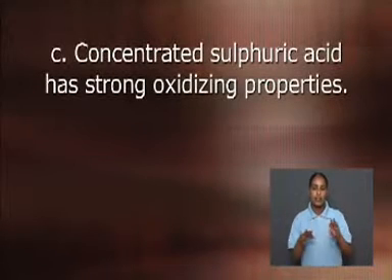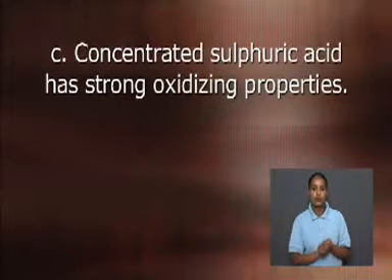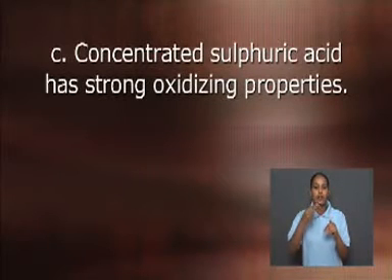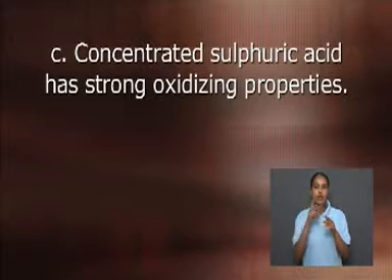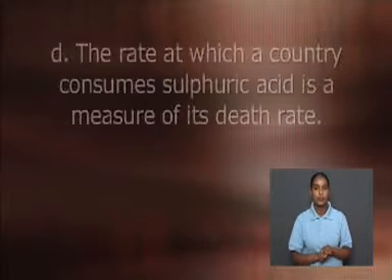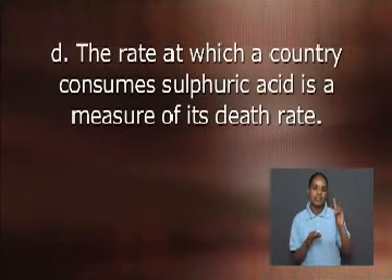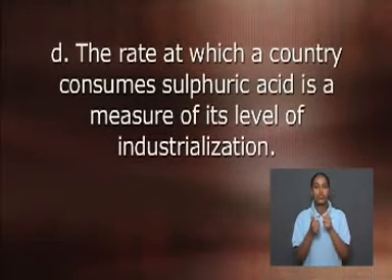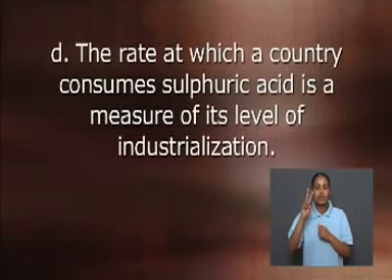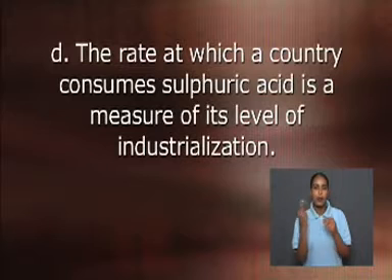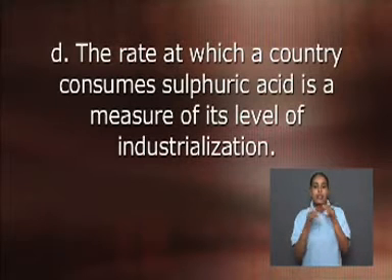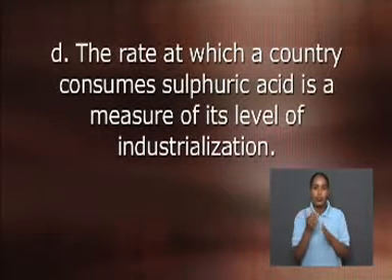Statement C is true. Concentrated sulfuric acid has strong oxidizing properties. Statement D is false. The rate at which a country consumes sulfuric acid is a measure of its level of industrialization, not its death rate.